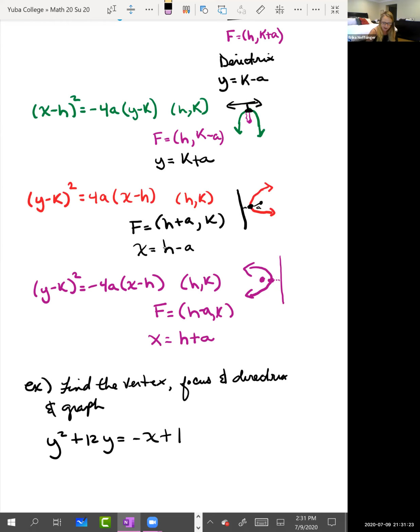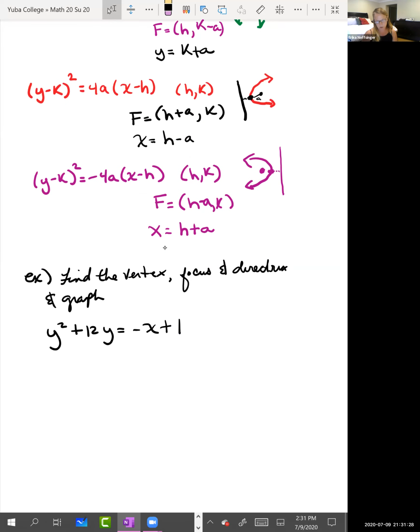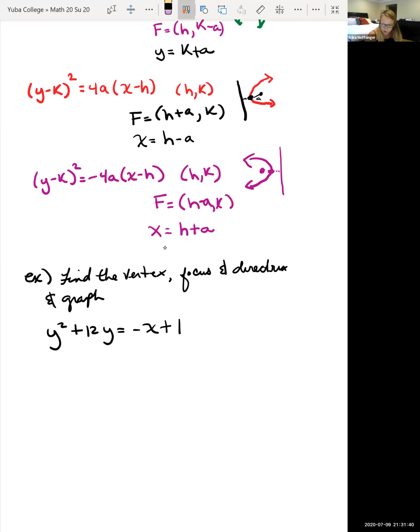I know my a value actually is 1, and so it's actually going to go to the right, but let's show that. And let's find the vertex. Kind of similar to what we had done in the past with circles, we notice that we need to complete the square. We need a perfect square here. If this hadn't already been in this form, I would have gotten all my y terms to one side, my x and constant to the other side.